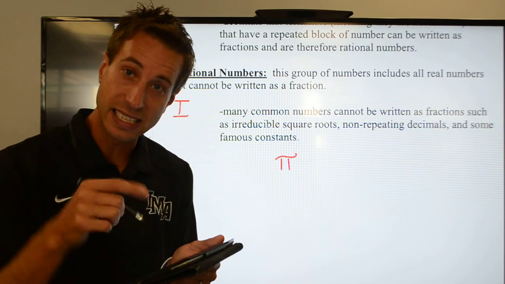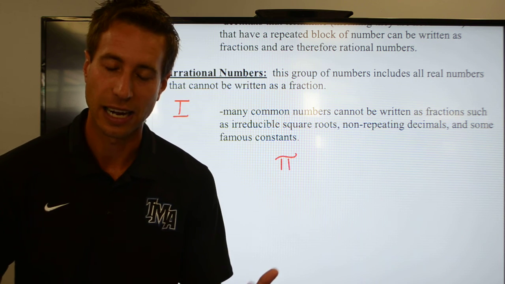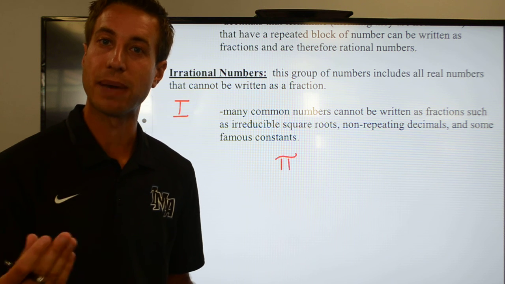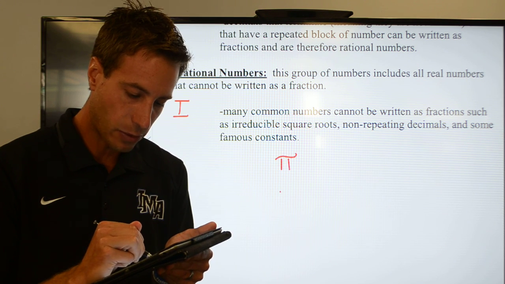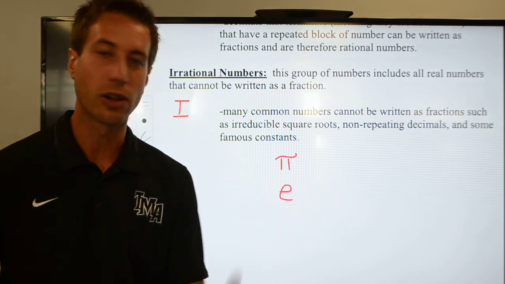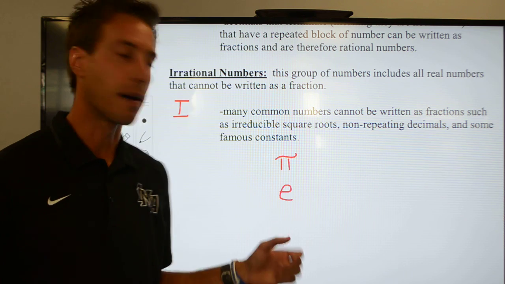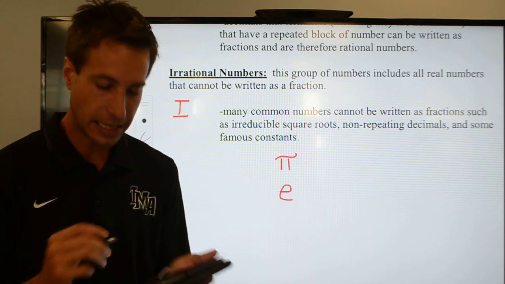Another one that is an irrational number we'll actually get to later on in the year. We have an entire chapter in which we will work with logarithms. And one of the bases for these logarithms is going to be the number e, which I know seems really weird that we're calling a number based on a letter. That's just what we call it. We call it the natural base e, and it is an irrational number.